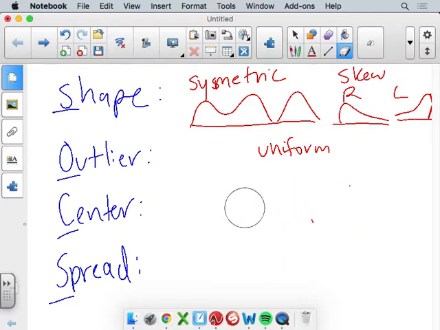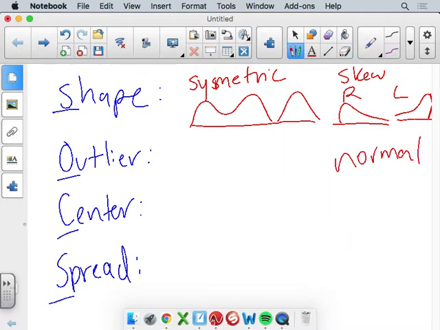Another one we talked about was normal distribution. Normal is a really nice symmetric shape, they call it a bell curve. It centers around the mean, the average.